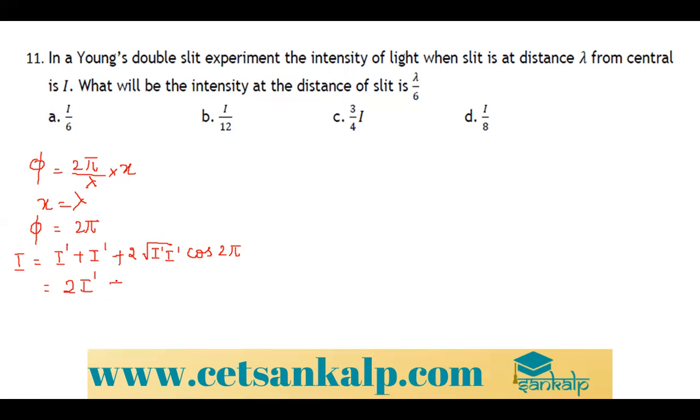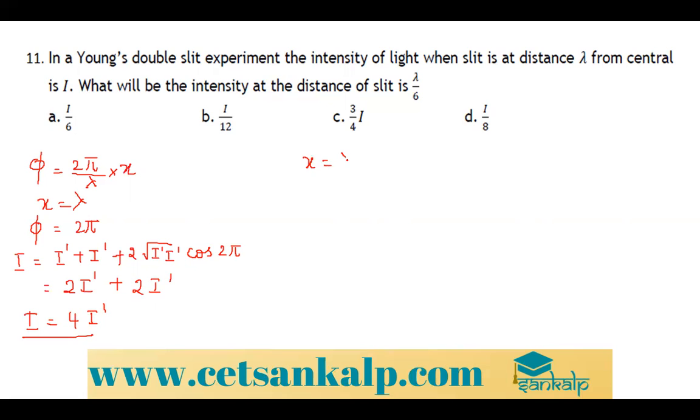So 2I dash plus I dash whole square, root square cancel, 2I dash ಆಗುತ್ತೆ. So it is I is equal to 4I dash. ಇದು ಒಂದು ಕಡೆ ಇಟ್ಕೊ.